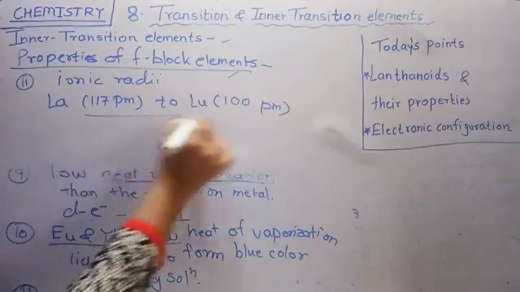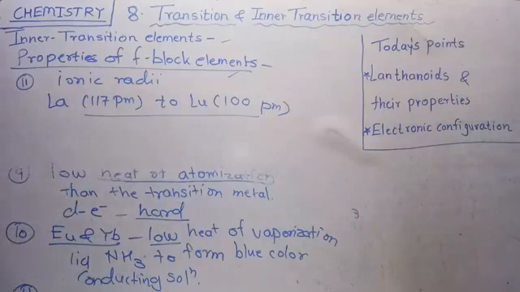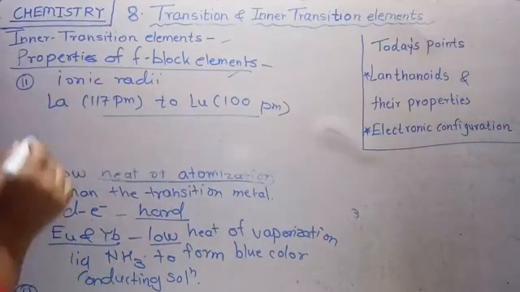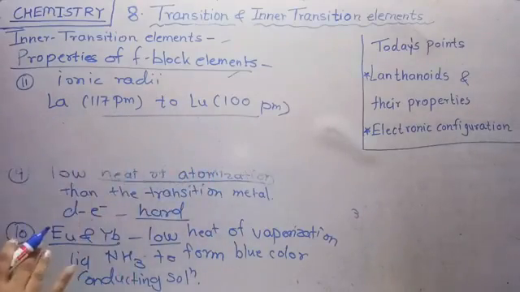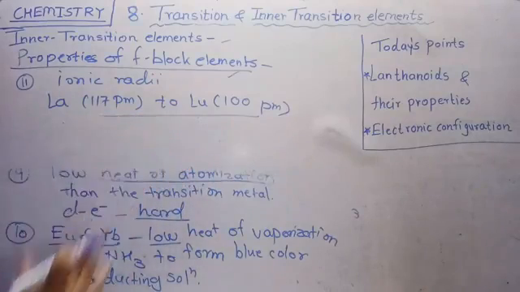There is a decrease in ionic radii. Why is there a decrease in ionic radii? Because of the increase in nuclear charge from left to right, that is from lanthanum to lutetium.